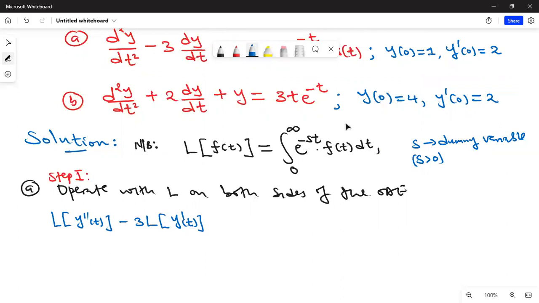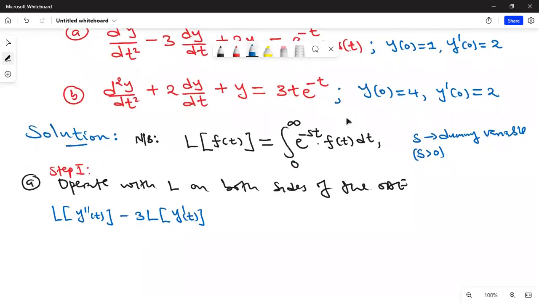Then the other term is 2y. Remember, y is a function of t, so plus 2 times the Laplace transform of y as a function of t is equal to the Laplace transform of the right-hand side, that is exponential negative t times cosine of t.